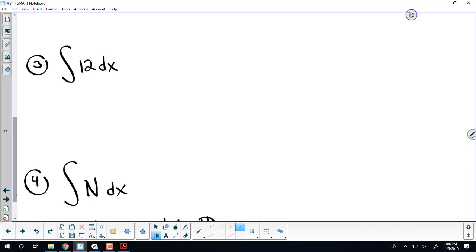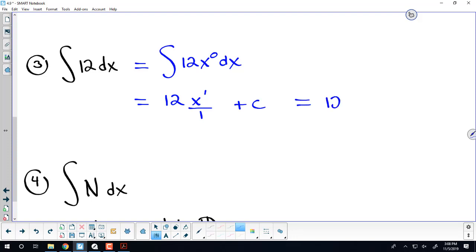What's the antiderivative of 12 with respect to x? 12x. Yeah, so what function do we take the derivative of to get 12? We're thinking about that as a power rule, but it's just 12 times x to the 0. So we add 1 to the power, divide by the same result. So just 12x plus c.